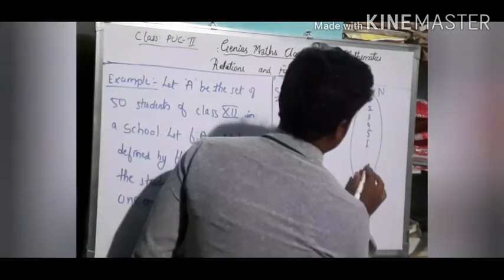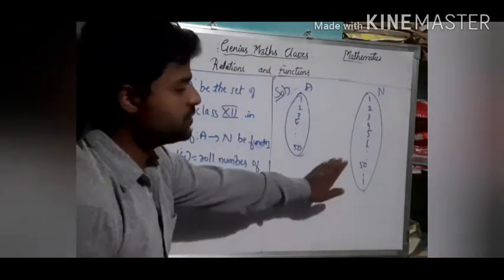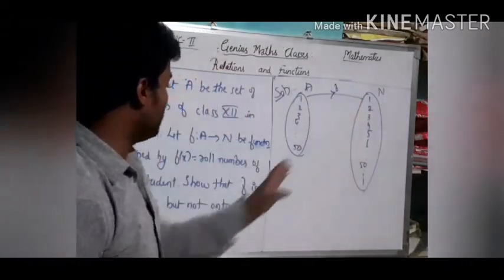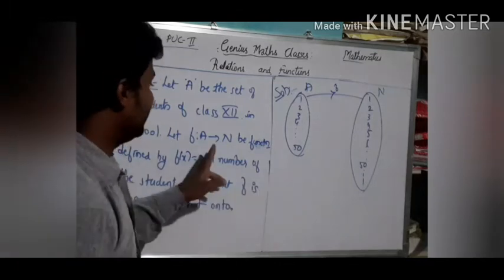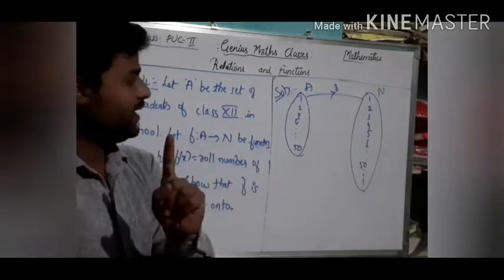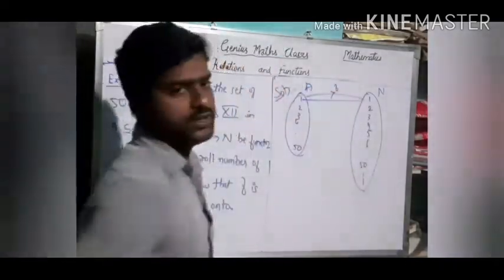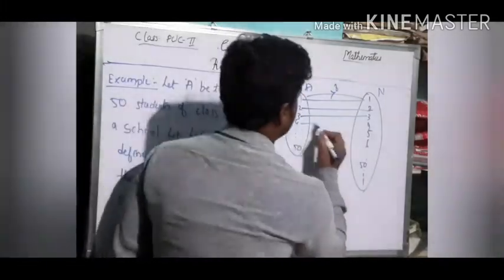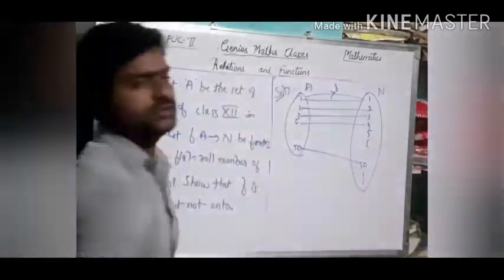The function is defined by f of x equal to the roll number of the student, so each student has one roll number. The first student has roll number 1, the second has 2, the third has 3, the fourth has 4, and so on, up to the 50th student who has roll number 50.